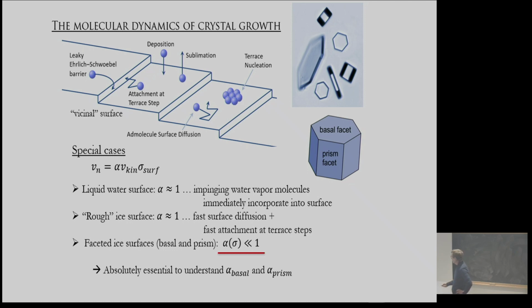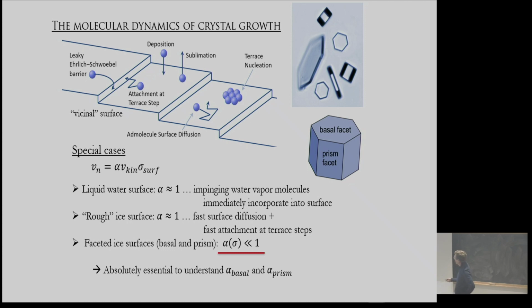And similarly, if you have what's called a rough ice surface, same story. And to make a rough ice surface, you just have to have a lot of these molecular steps. Because the idea, which seems to be true, is that molecules that hit those steps, those are one molecule high steps, they can attach very easily. There's a high sticking coefficient. And so any of these adsorbed molecules that hit that edge are going to immediately incorporate and become part of the edge.